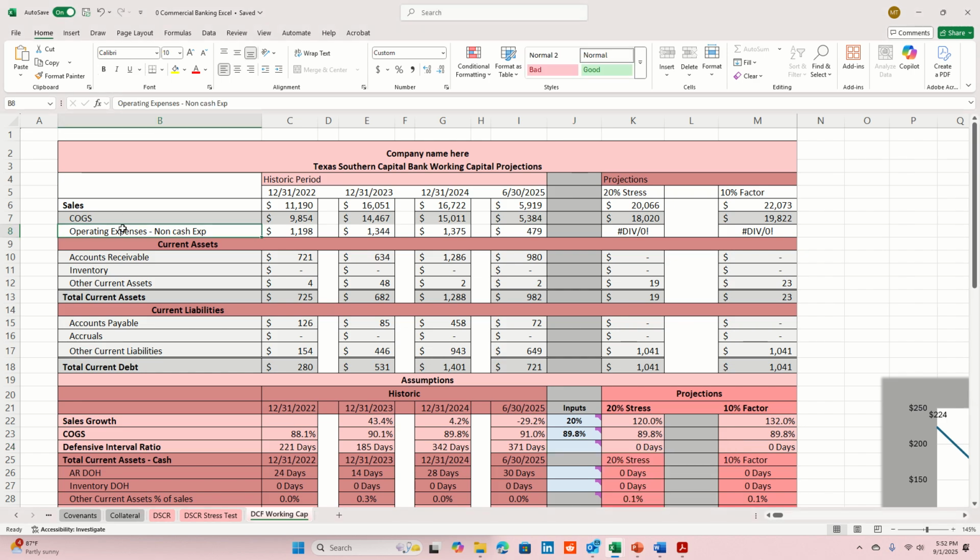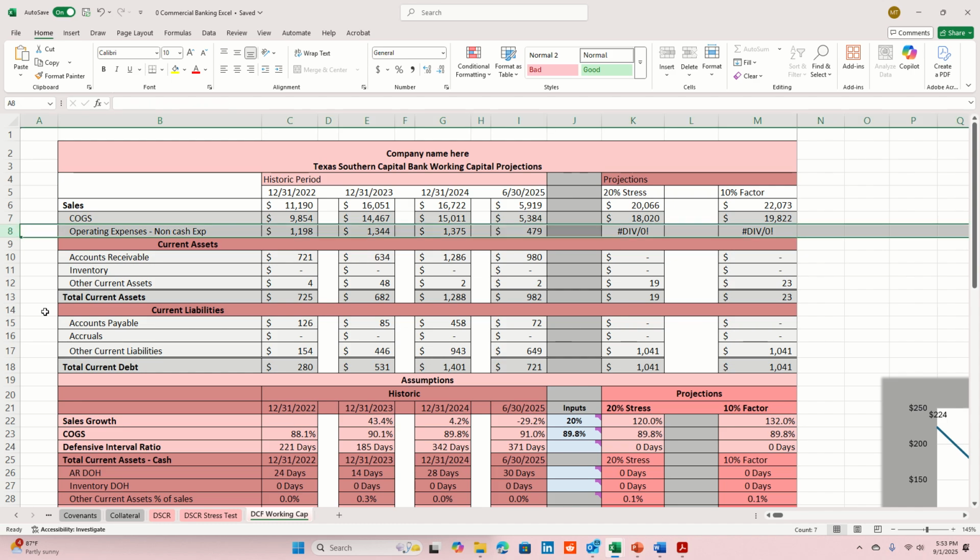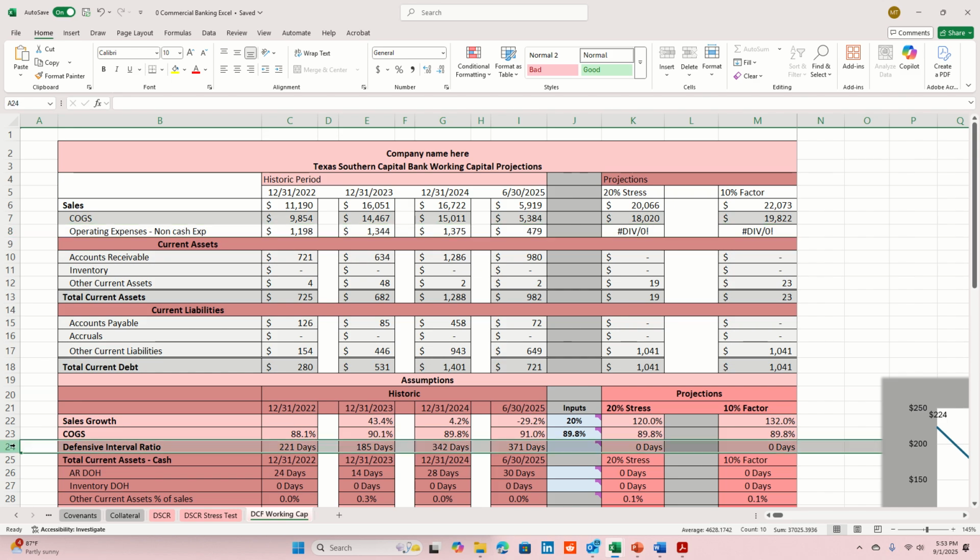So, operating expenses less non-cash expenses in row 8. And we're going to go over defensive interval ratio in row 24.